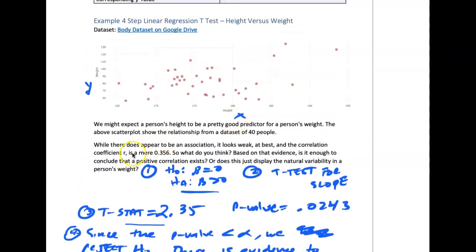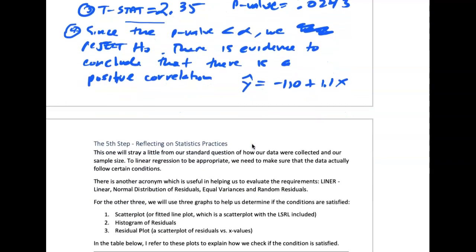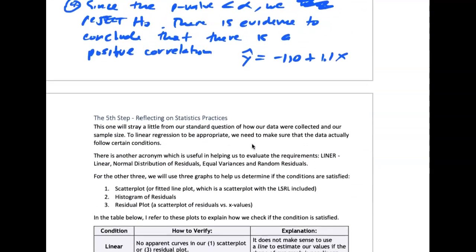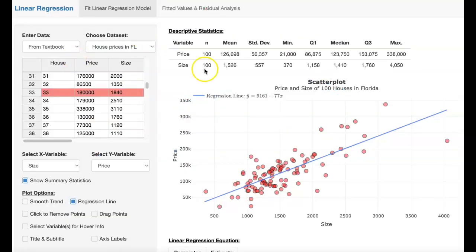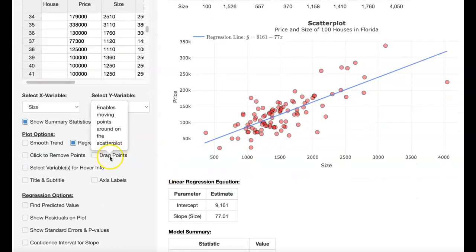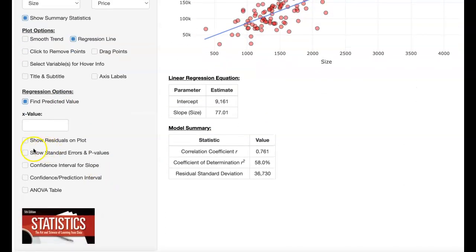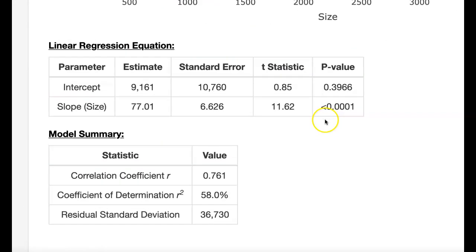Now, remember, the correlation coefficient gives us an estimate, but it's until we run the test that we really do know what's happening. So back to ARDA-STAT in that linear regression. Let's look at that price and size one again. I show you press linear regression, predicted values, but you could also then hit right here, show standard errors and p-values, and this is where you're going to look.